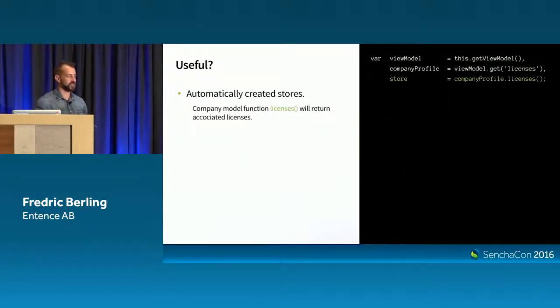So are associations useful? Yeah, they're automatically created stores. So the moment I read the company profile, there will be a pre-created store on that company profile. If you look at the code, the function licenses will return a complete store, ready to use.